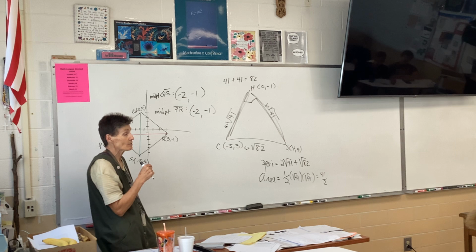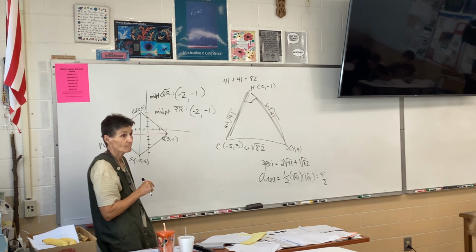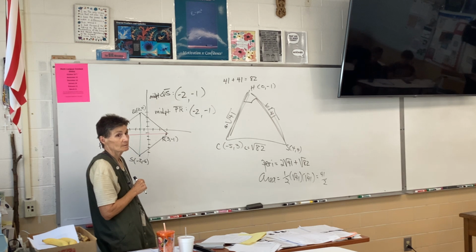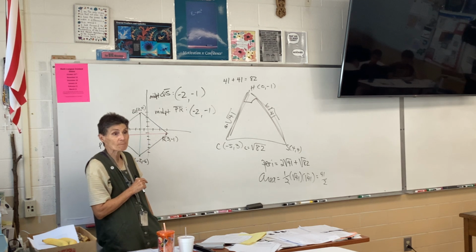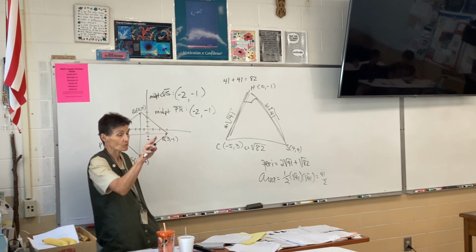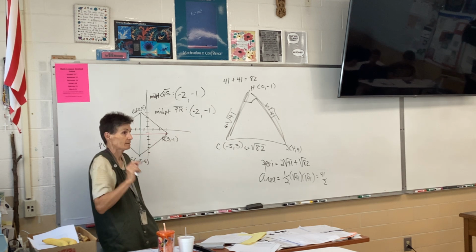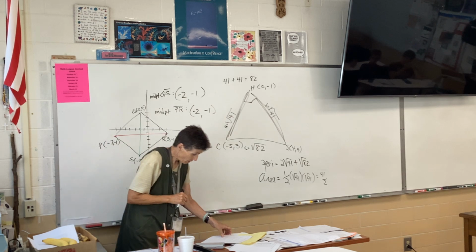Do the diagonals of a rectangle bisect each other? Yep, they sure do. A square? Yep, they sure do. A rhombus? Yep, sure does. It's a property of parallelograms. So any parallelogram is gonna have diagonals that bisect, so that includes all the things you guys said. Okay, perfect. All right.